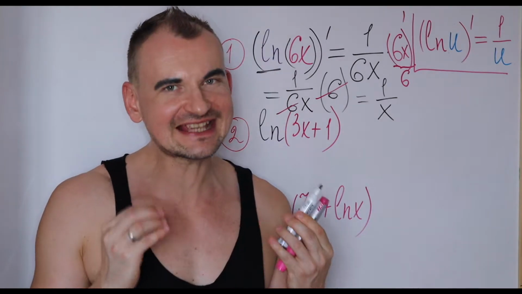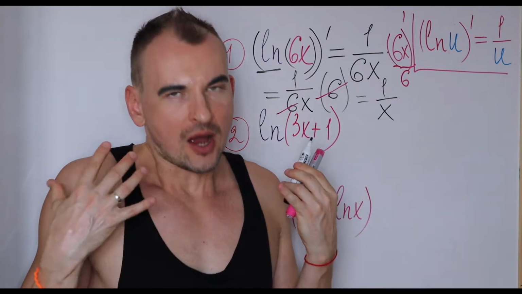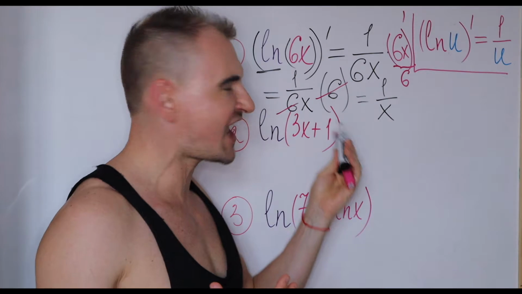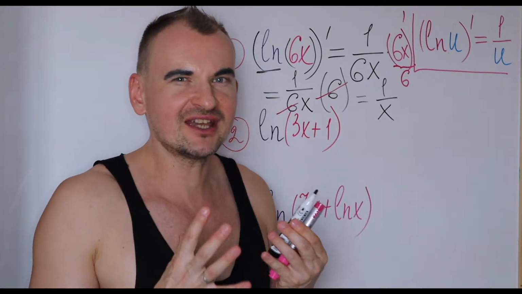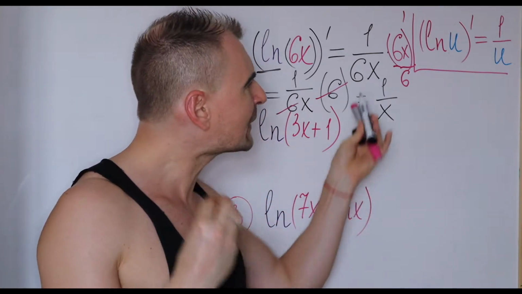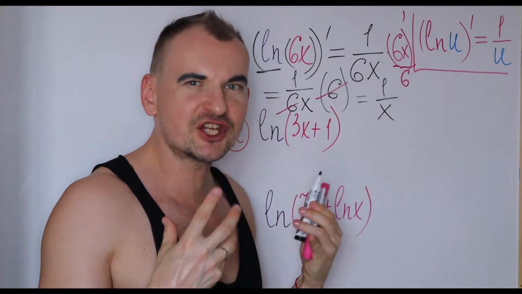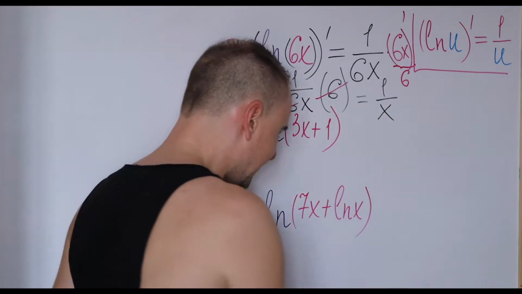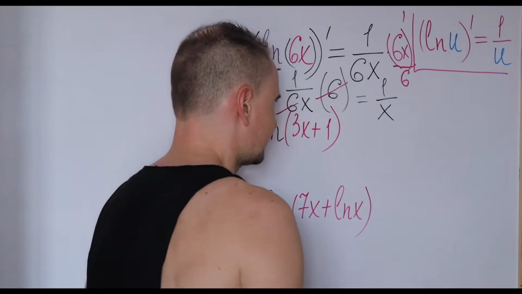So it's the same result as for ln of x. So ln of x and ln of 6x have the same derivative. A little bit weird and peculiar, but that's the moment where the chain rule kicks in. So that's why the derivative is going to be 1 over x.